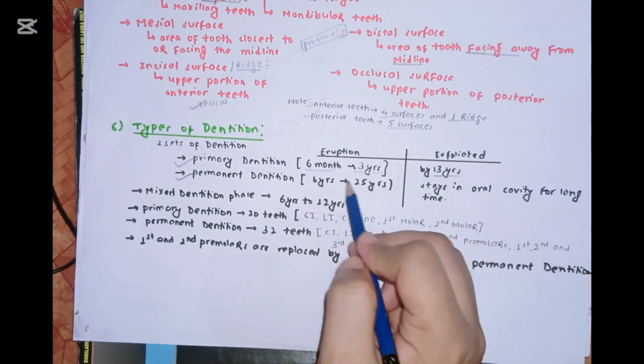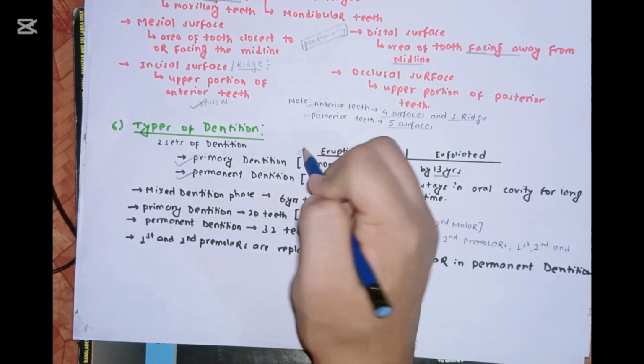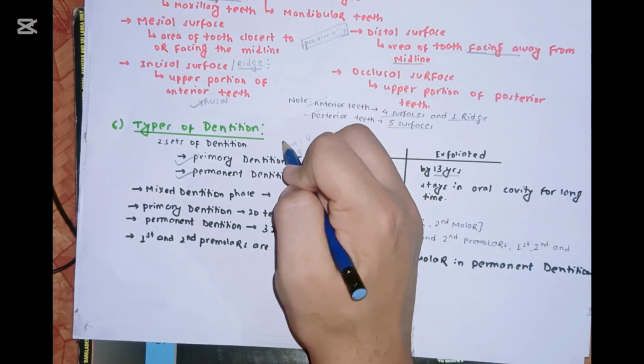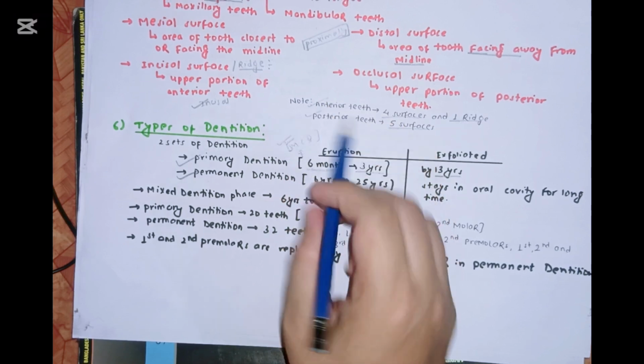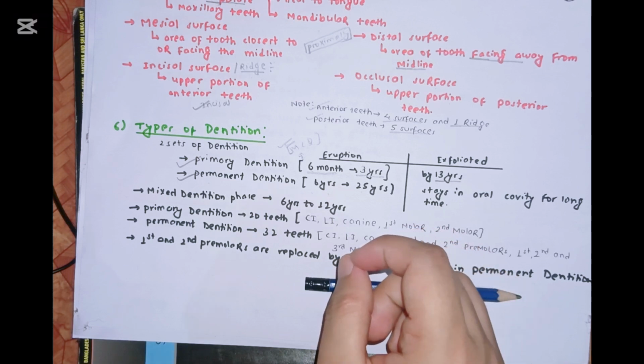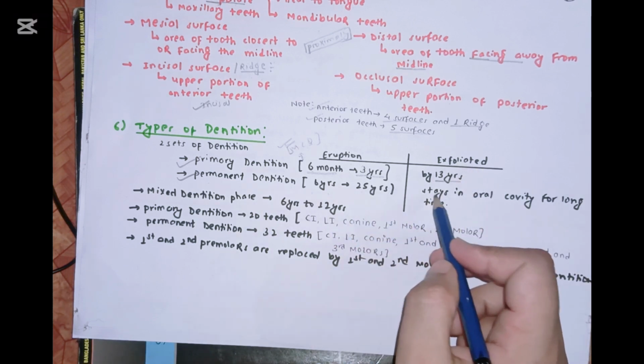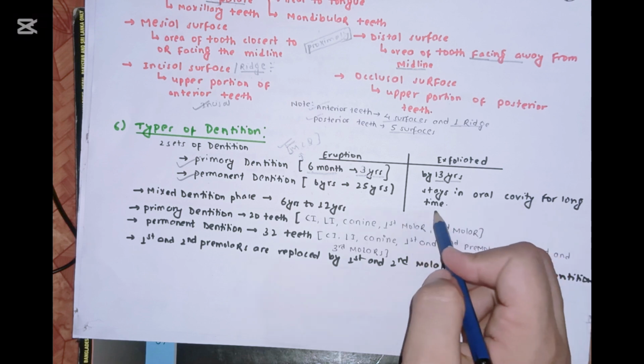I think these are important for MCQ purposes, so the people who are preparing for competitive exams, these questions are important for them. Exfoliated teeth normally stay in the oral cavity for a longer time.